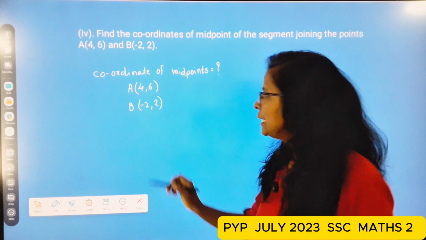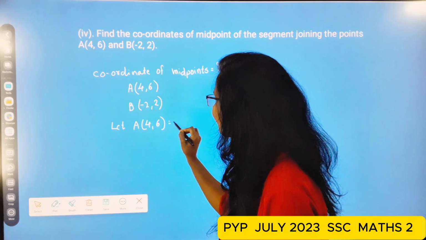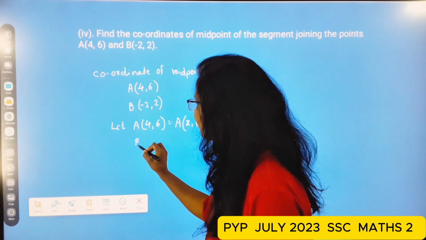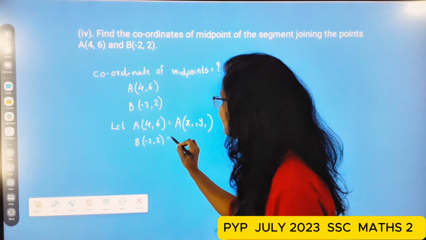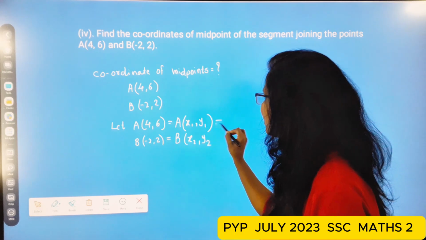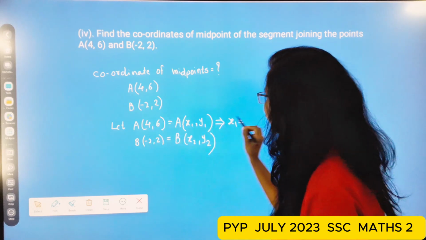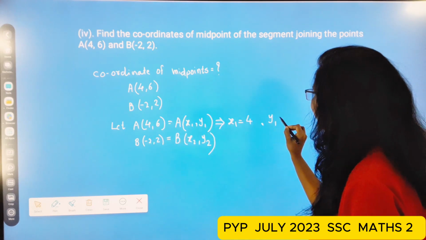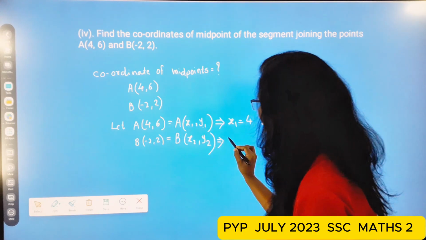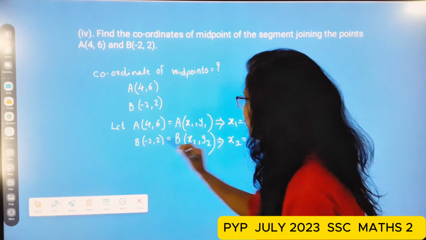Let A (4, 6) be (x1, y1) and B (-2, 2) be (x2, y2). That means x1 is equal to 4 and y1 is equal to 6. Also x2 is equal to -2 and y2 is equal to 2.